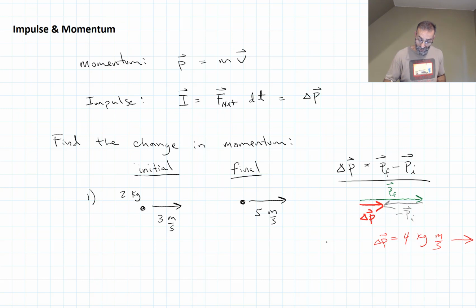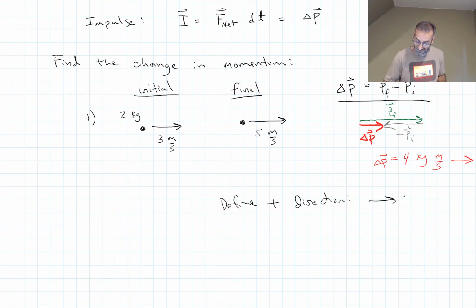What do we have to do first thing before we use an equation? We have to define our positive direction. So let's call the right our positive direction, and then we know that delta P is going to be P final minus P initial. P final is 10 kilogram meters per second in the positive direction.